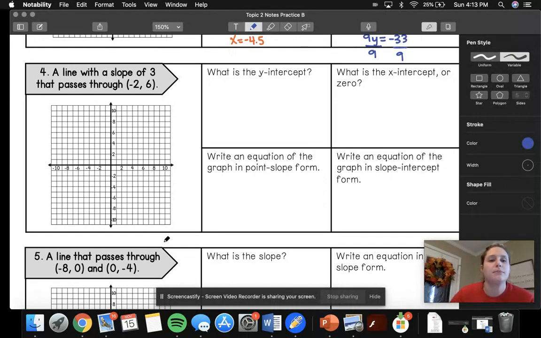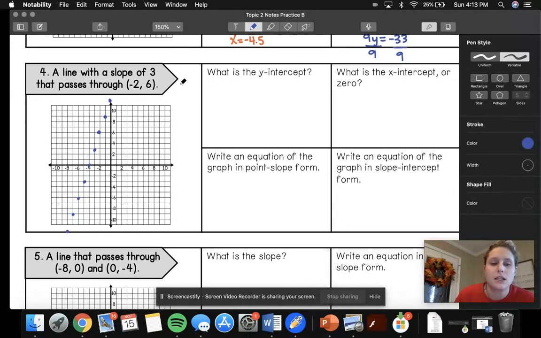Okay, this one, a line with a slope of 3 that passes through -2, 6. So to graph this, we could plot the point -2, 6. We could then use the slope 3 to 1, and go backwards to get that full picture of the slope and the line. Okay.